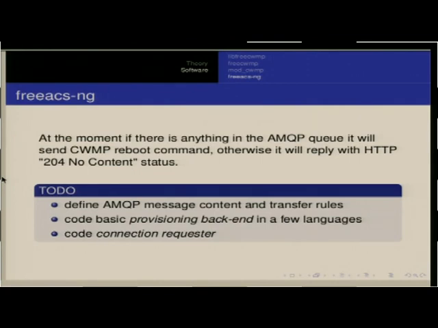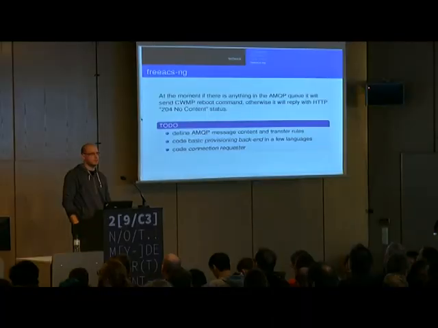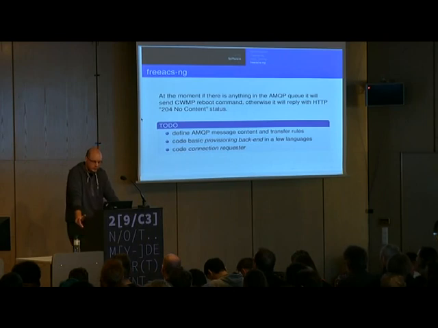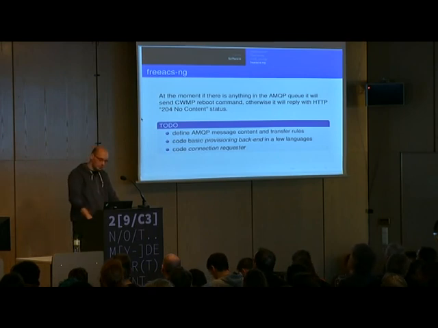Also to code a basic provisioning backend in a few languages. This is also one of the reasons why I have decided to go with this design, because why limit the customer or ISP in which language it should use? If they want to use Python, they should use Python. If they want to use Java, they can use Java. And also, I need to code the connection requester.